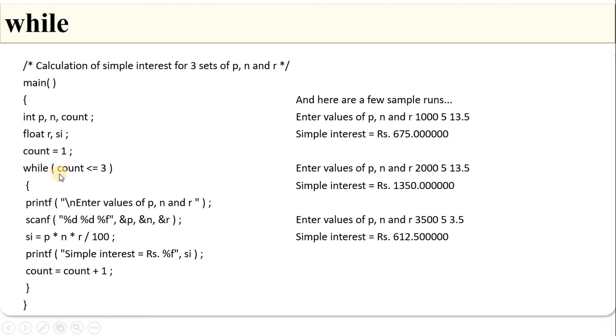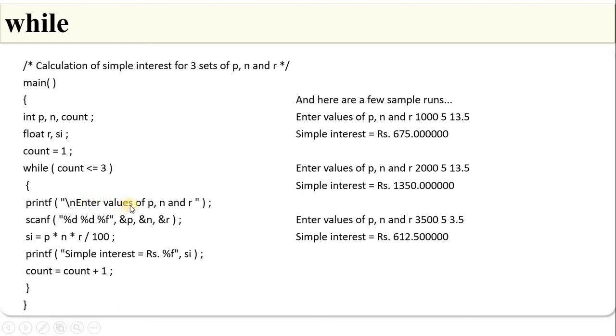After that, in the while statement here, we are saying count less than or equal to 3. This is a condition. In the first execution flow, the count is 1 and 1 is less than or equal to 3. It will be true. So it will enter inside the while loop.